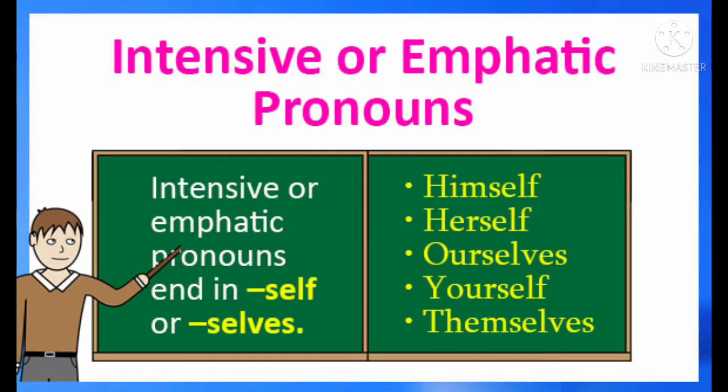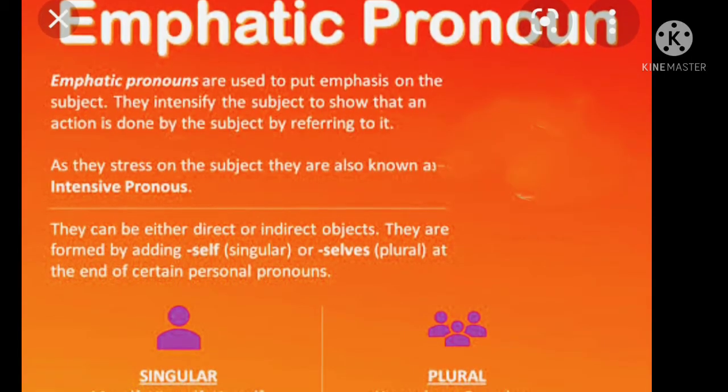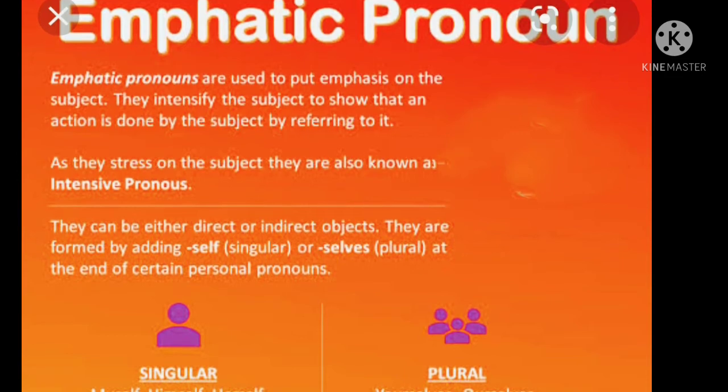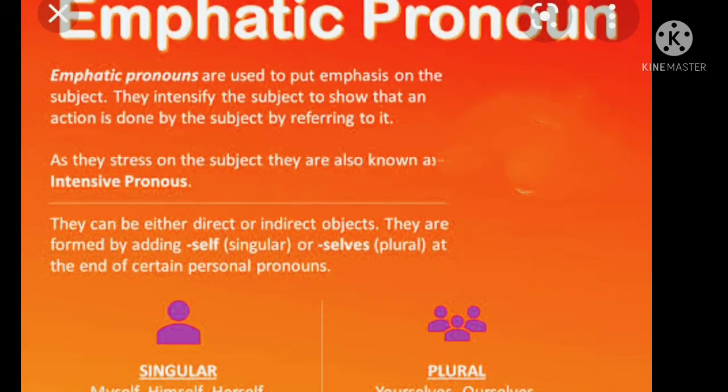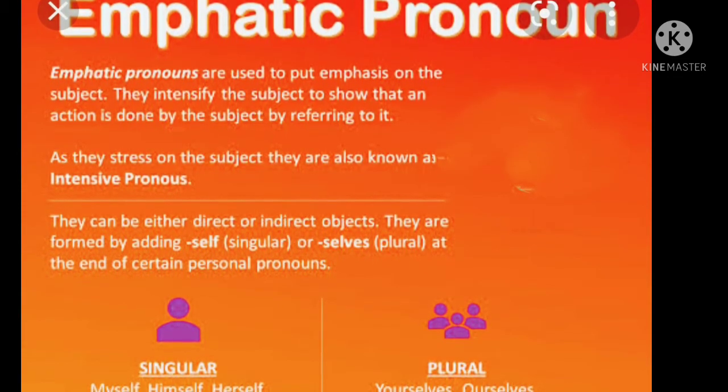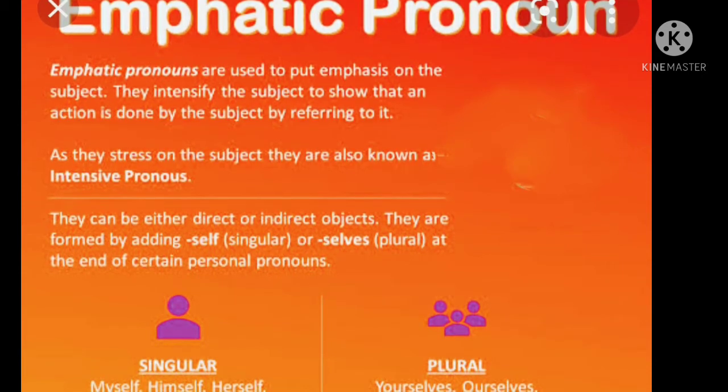Let's now proceed to understand what an emphatic pronoun is, or in other words, what we call an intensive pronoun. Let's define it. An emphatic pronoun is used to emphasize the nouns in the sentences. They are used to put emphasis on the subject.